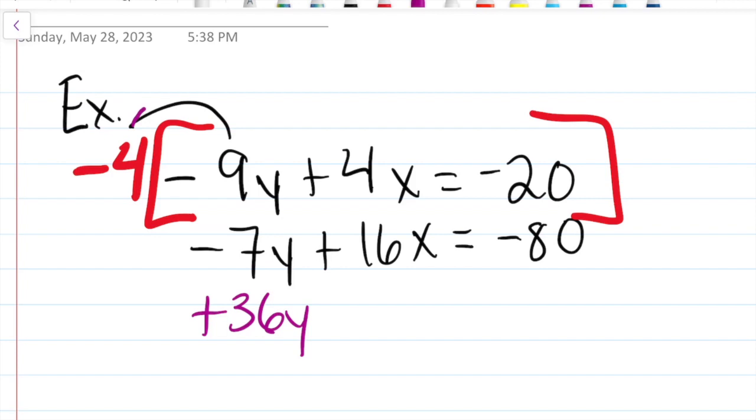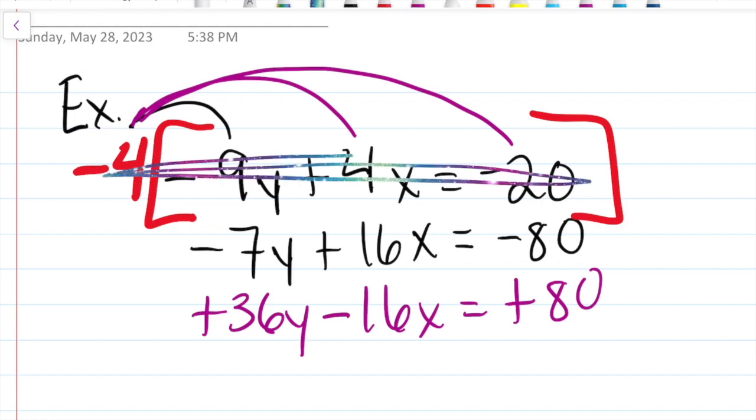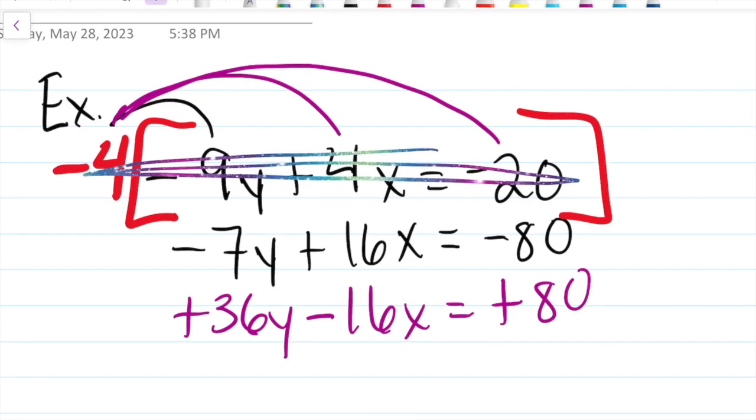And then what's -4 times +4? -16x. And finally, -4 times -20, that's going to be a positive 80, right? Positive 80. So this equation is gone, guys, because we just multiplied it, and we have ourselves this problem right here.